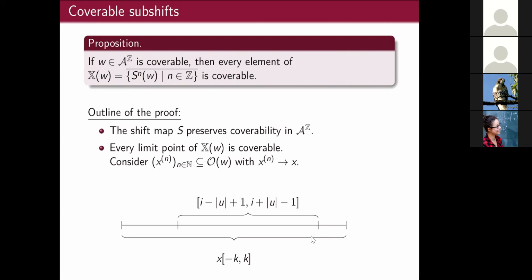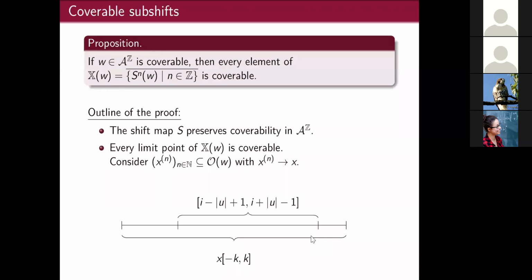Okay, so next we went on showing that every limit point of the subshift is coverable. So first, we considered a set of elements in the orbit of X, each of which would be coverable by the first remark.